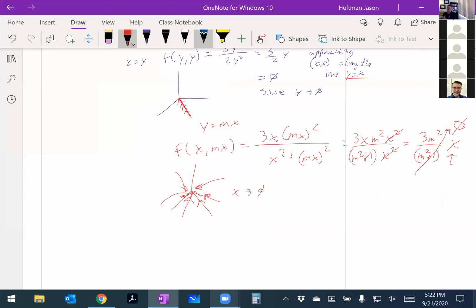Then we get a bunch of scenarios, but it looks like all roads lead to 0. Well, we can't just say we've tested every single one of them because we haven't.